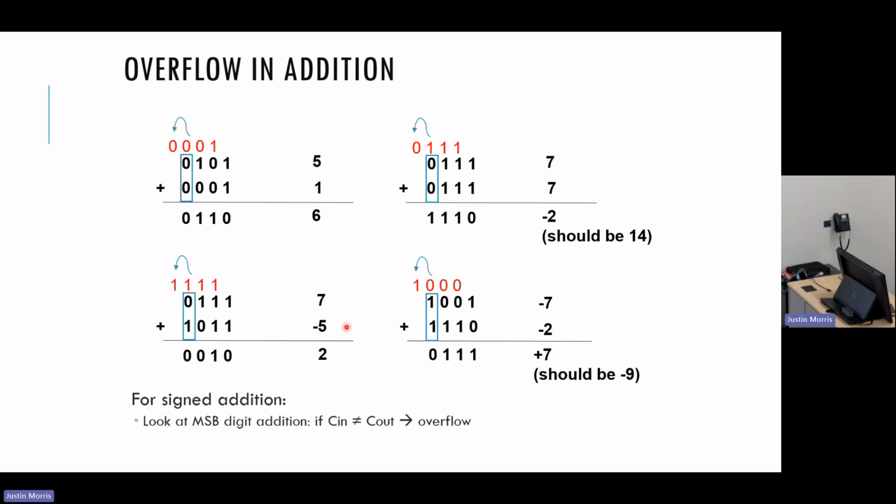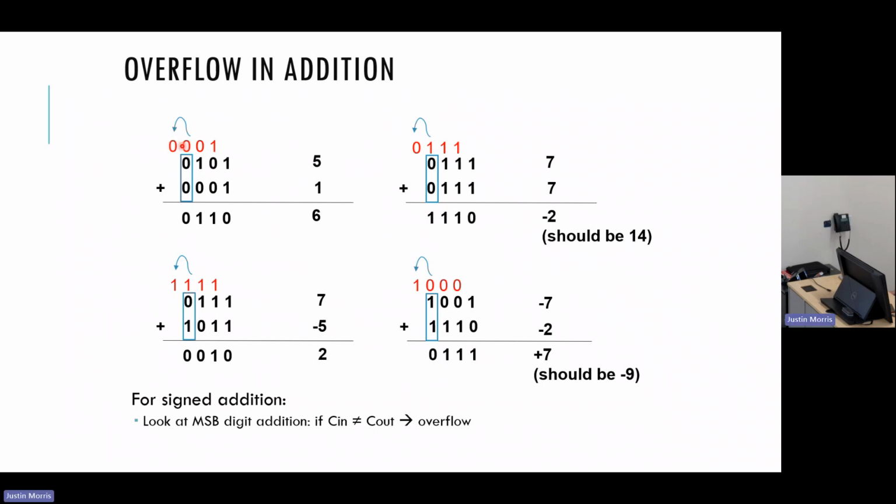Rather than doing that, we can just check the most significant carry and XOR it with the carry out. If this XOR is true, then there's overflow. If it's false, there's no overflow.